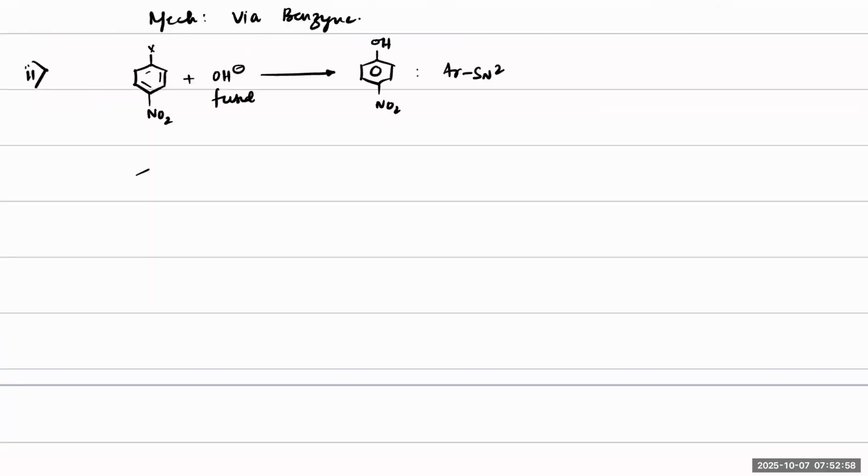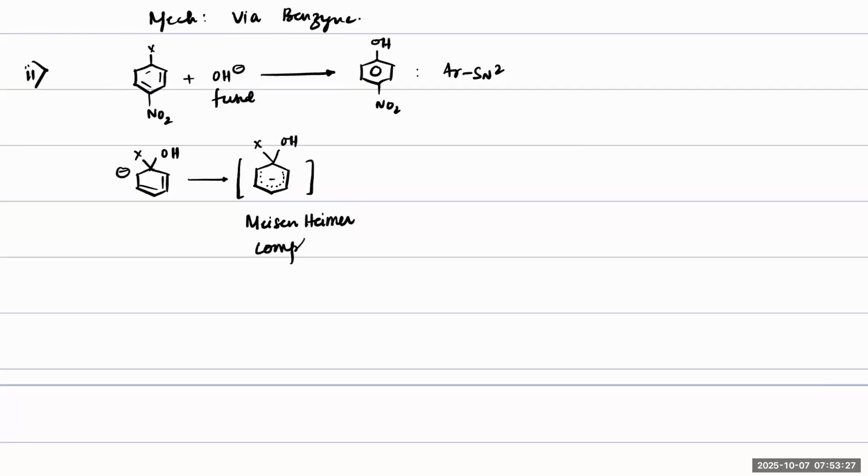ArSN2 is the case where first the addition of OH minus will take place. And this will start moving around and make it a resonance hybrid like this. Negative charge with X and OH. Now this is what we call the Meisenheimer complex.